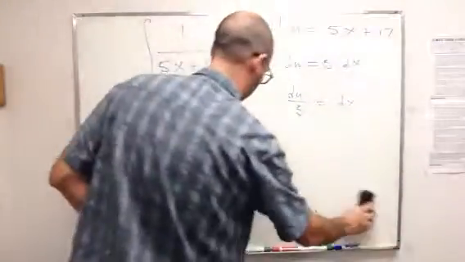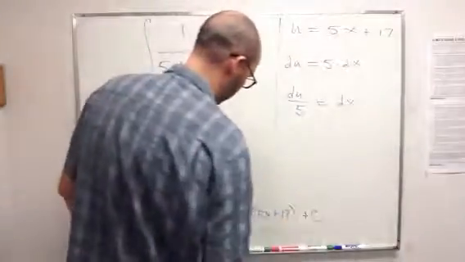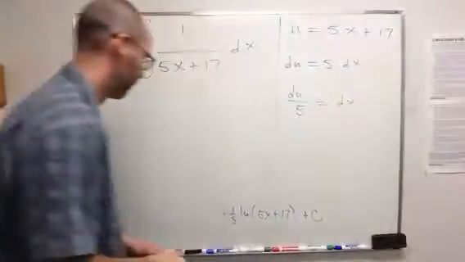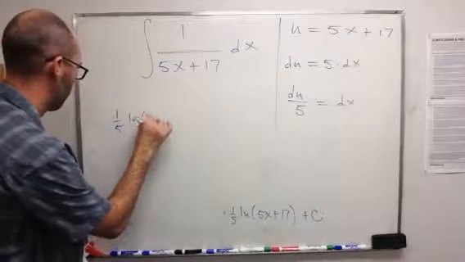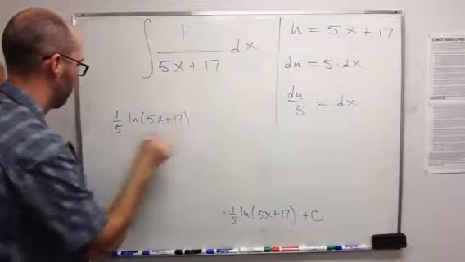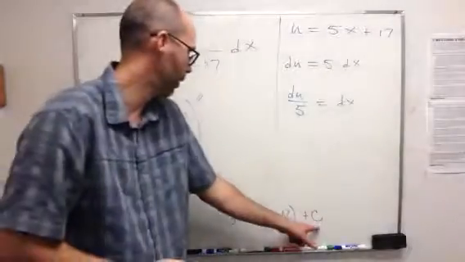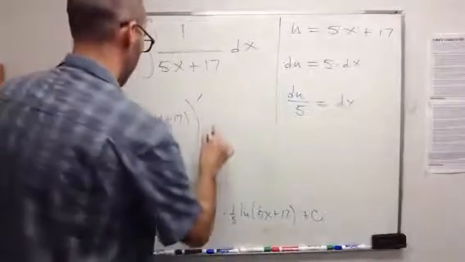Again, let's check our work. If we take the derivative of our answer and we get this thing, we've done good. I'm not going to take the derivative of c. We all know that guy goes to 0. Just a number.